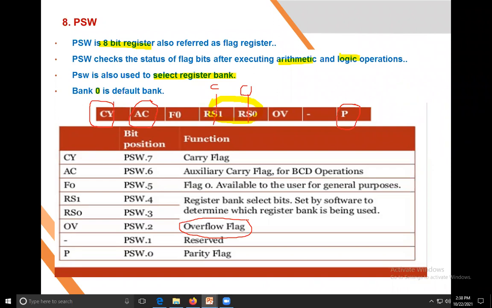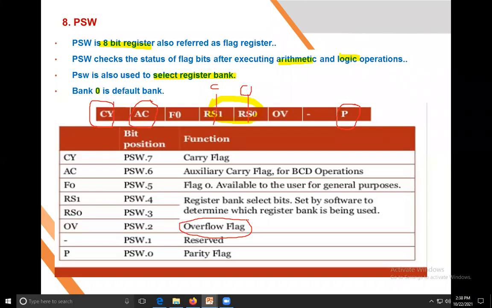If your answer is above 8 bits, this data is not stored in register A or register B, so the controller indicates to the user that the overflow flag will be 1.